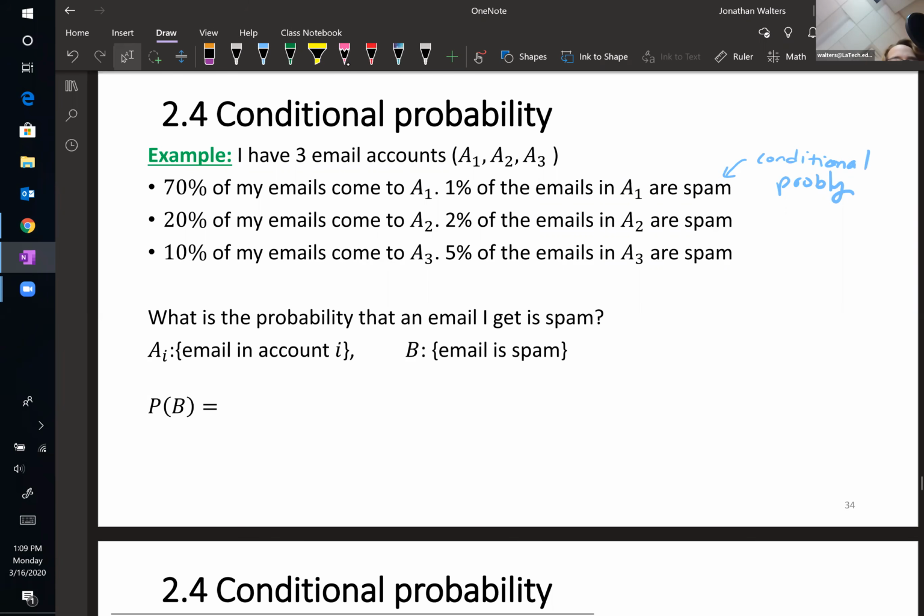So what is the probability of B? Basically, what is the probability of me getting a spam email in any of my accounts? Well, that's going to be the probability of B given A1 times probability of A1, plus probability of B given A2 times probability of A2, plus the probability of B given A3 times probability of A3.